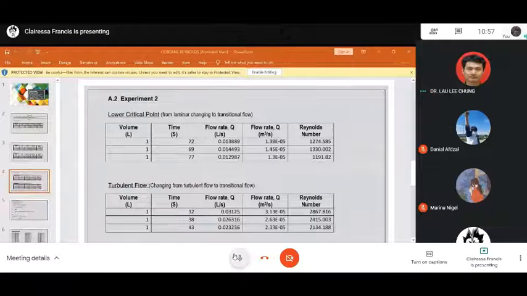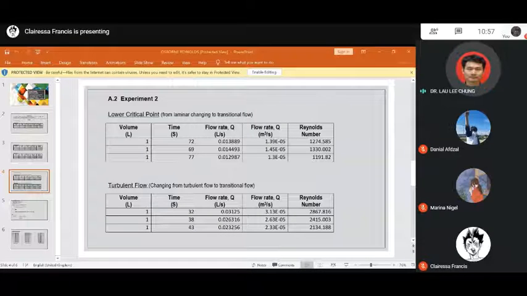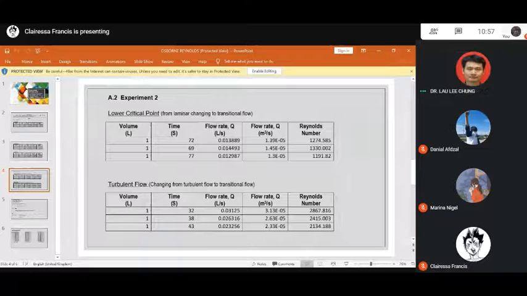Probably because they didn't measure it the right way, sir. They could have errors, but it's not of the measurement, but because they don't know exactly when it changes from laminar to transition.